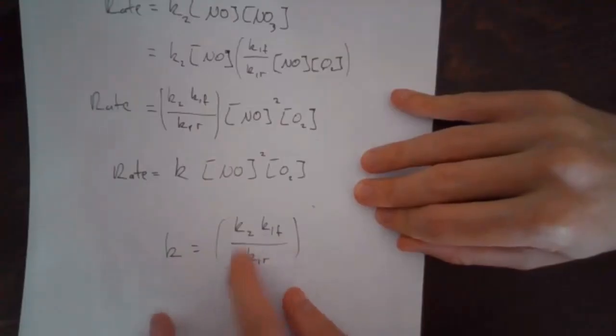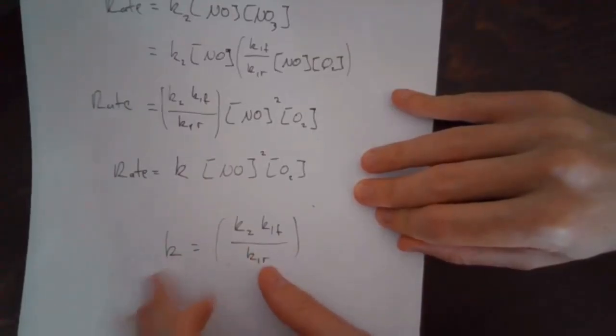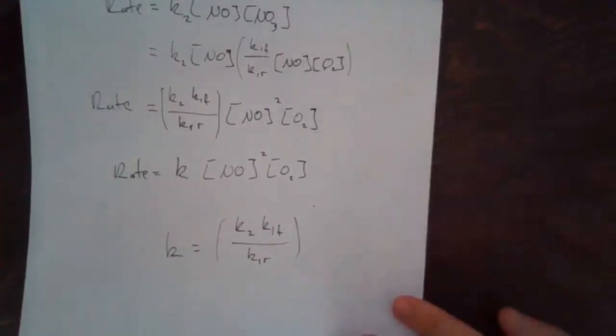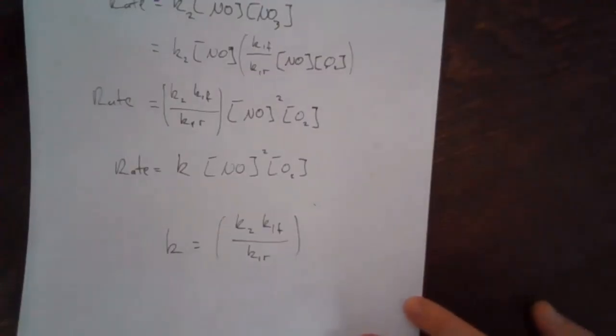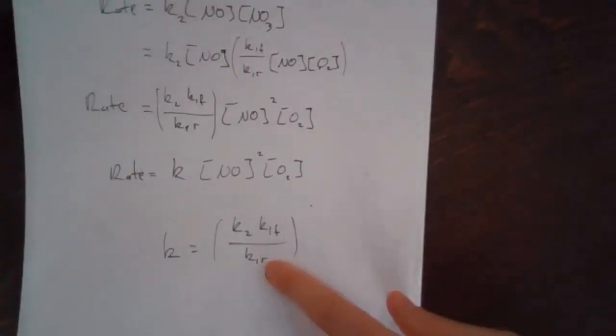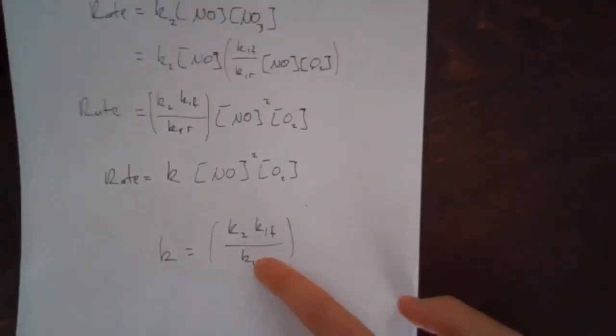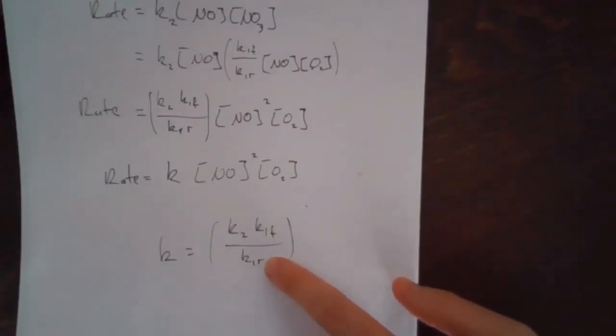If K1 reverse is large, the overall rate constant will be smaller because you'd be dividing by that number, which makes sense. The faster you move forward through reactions, the more rapidly they happen, whereas if you're going backwards a lot, if this intermediate is very short-lived, it keeps falling apart really quickly, then it's unlikely that your overall rate would be very quick.